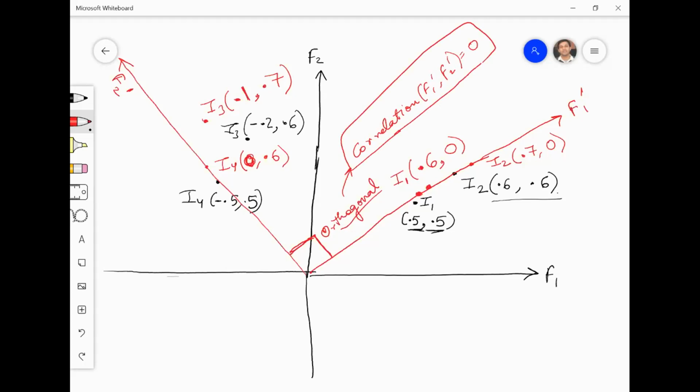This kind of rotation is popularly known as the varimax rotation.